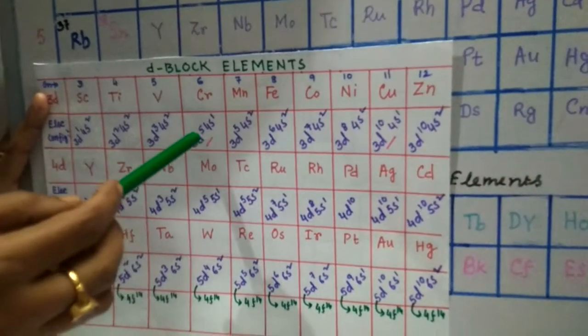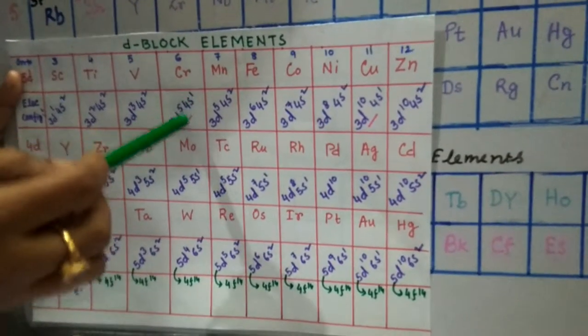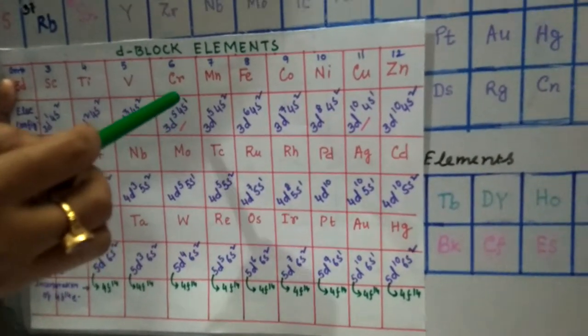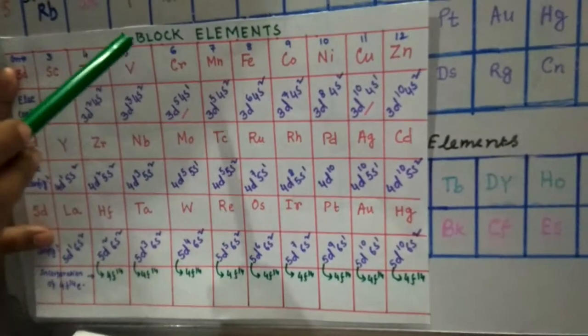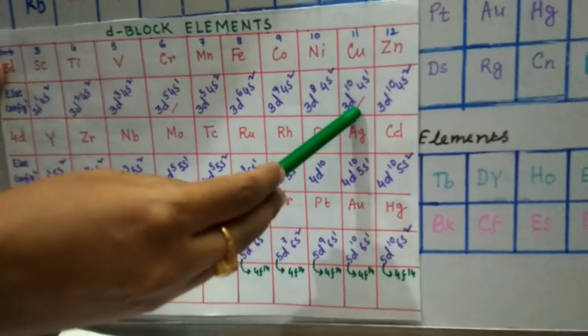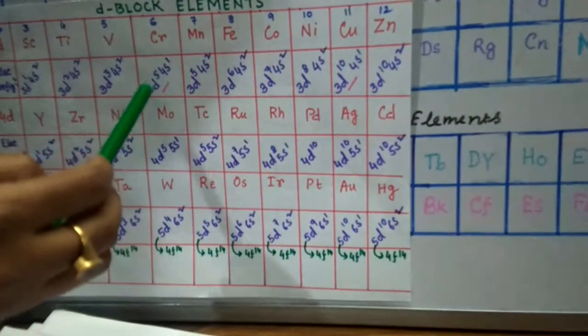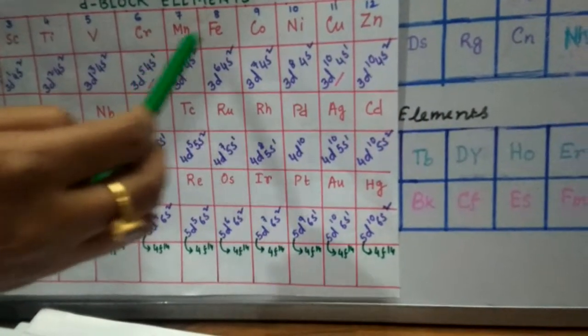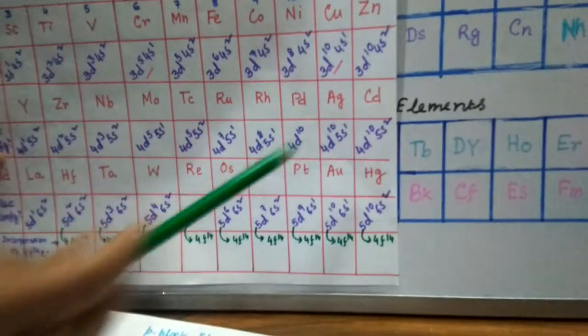Some exceptions are there, like in chromium you have 3d5 4s1, which should have been 3d4 4s2, but as the stability of the half filled and fully filled orbitals is more, the electrons are filled like 3d5 4s1, and in copper it is 3d10 4s1.